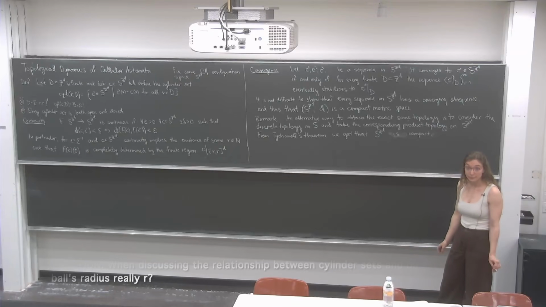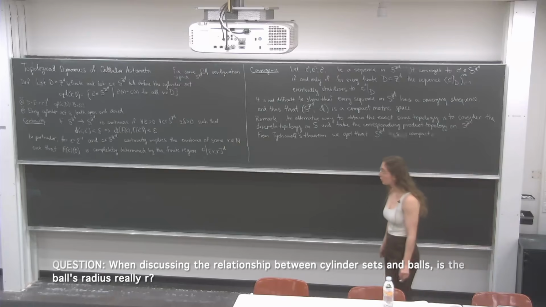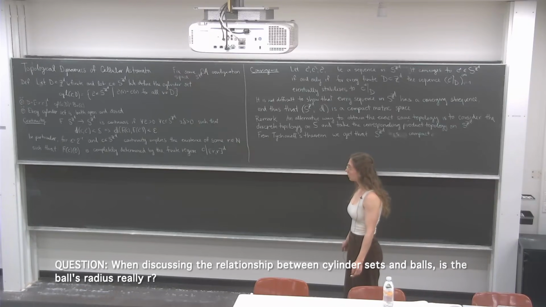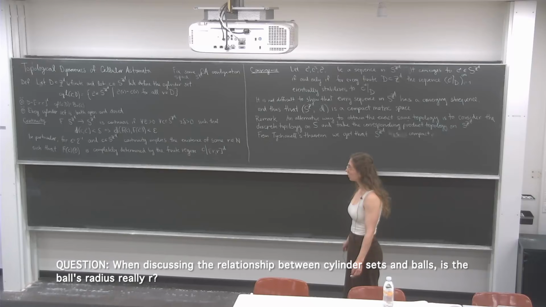One question. What you wrote in the very beginning, the cylinder of C and D is equal to B_R of C. Is that index R correct?